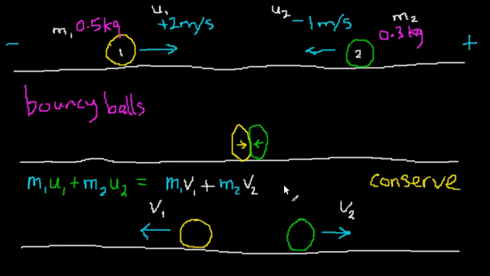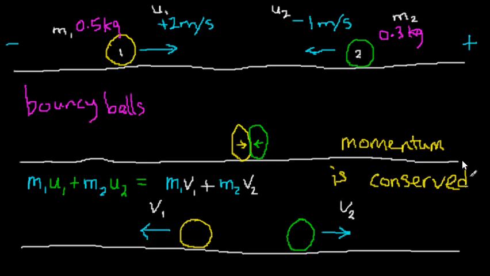And an even shorter way to describe this relation is to say that momentum is conserved. Momentum is conserved. So when we say momentum is conserved, there's a deeper meaning to just the three words.